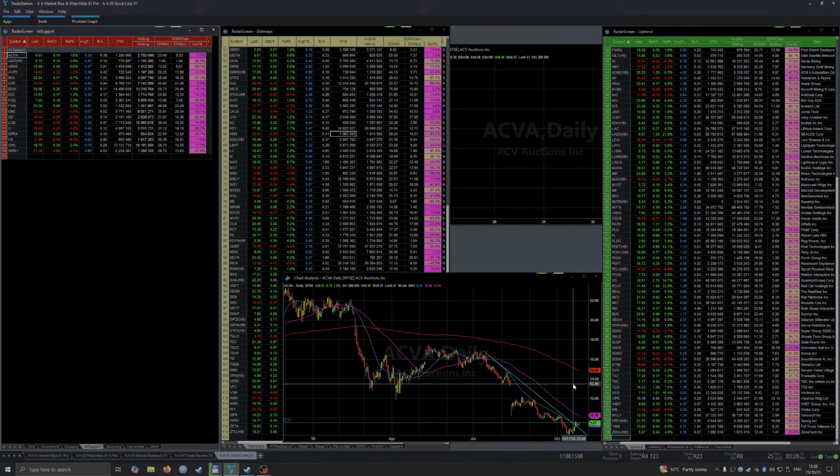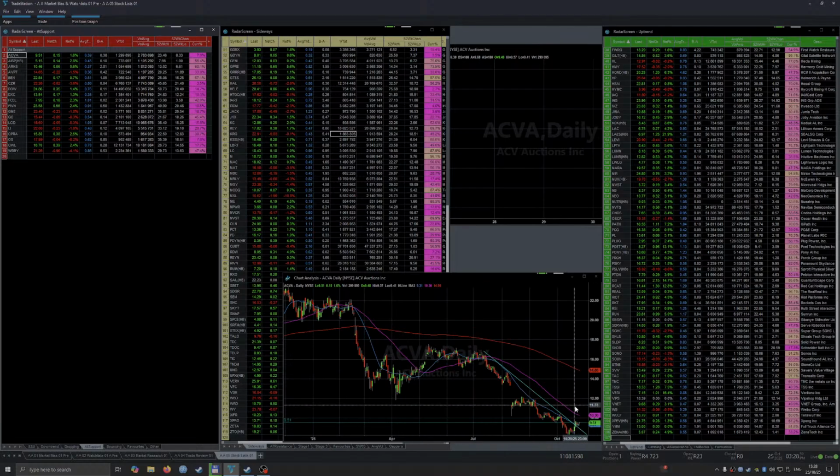What I like about it is, first of all, this is called a trend line. This is the average price of the stock over the past 200 periods, in this case days, because this is a daily chart. This is called an indicator.